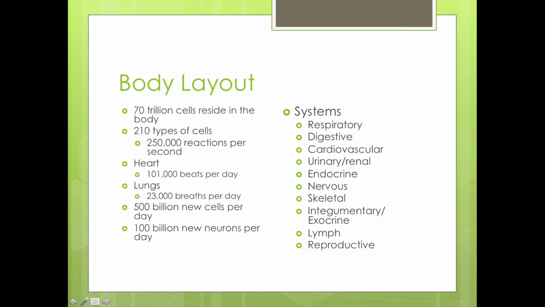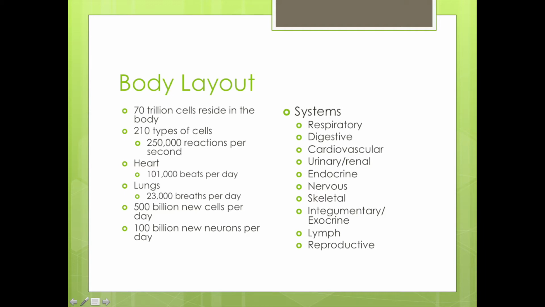So just to give a brief rundown on the layout of the body, there are 70 trillion cells that reside in the body, 210 types of cells, 250,000 reactions per second. The heart beats over 100,000 times per day.